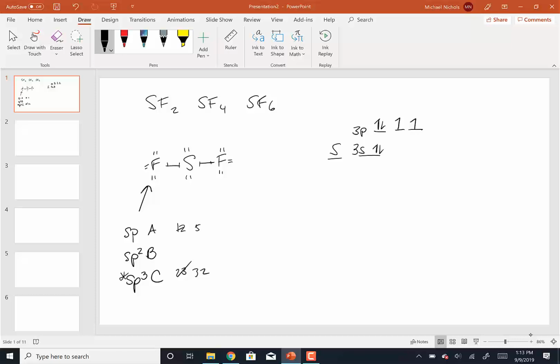All right, so now let's do this again with the sulfur. So what is the hybridization of sulfur? Same thing. A, sp; B, sp2; C, sp3. Bless you. So what's the hybridization of now the sulfur?